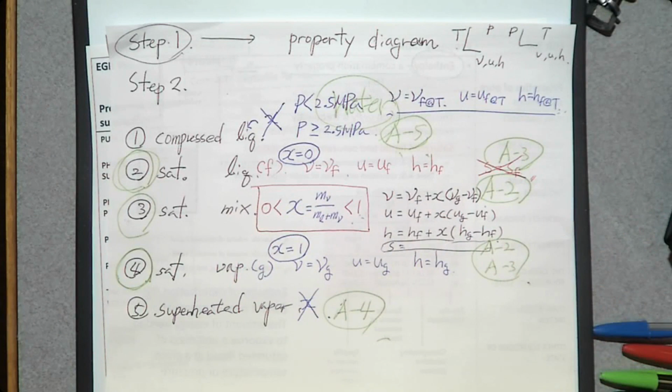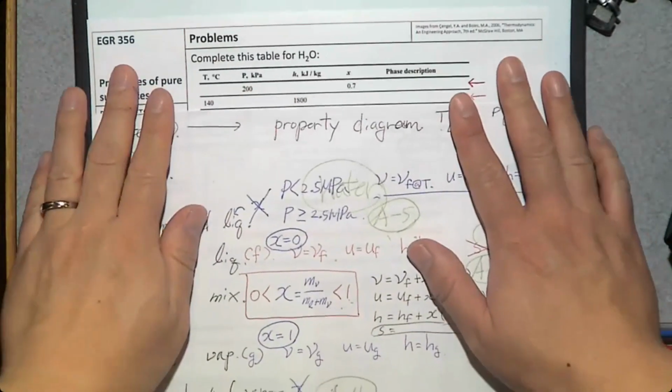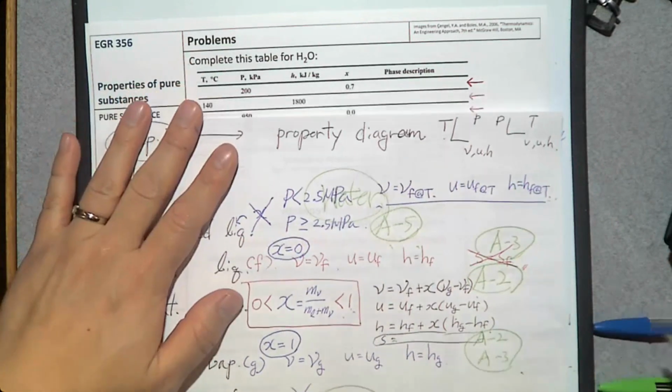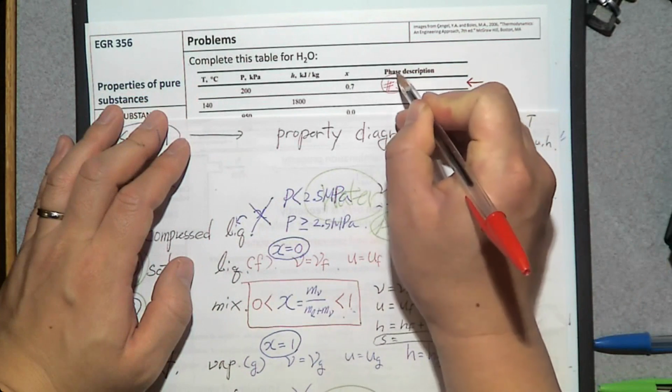If X is 0, saturated liquid; if X is 1, saturated vapor; otherwise there is no X. So we can determine the phase change process by X. Then what is the X value? 0.7. So if X is between 0 and 1, there is only one phase change process, saturated mixture. So from that, you can say, oh, this one is phase change process number 3, saturated mixture.